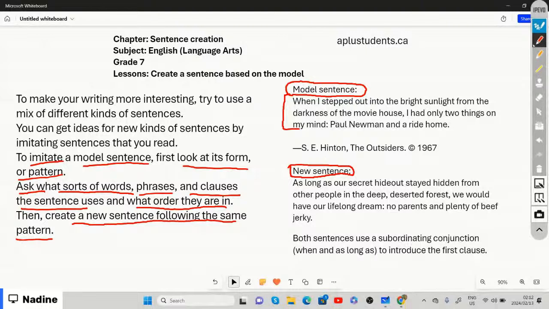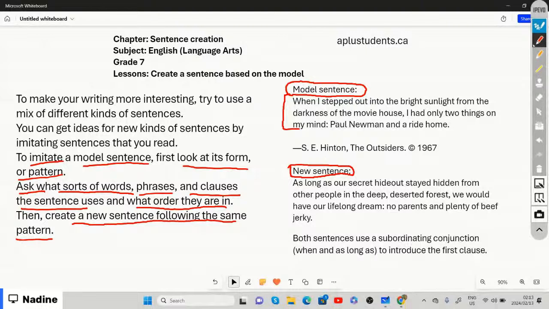So the model sentence says, "When I stepped into the bright sunlight from the darkness of the movie house, I had only two things on my mind: Paul Newman and a ride home." And then we have a new sentence that says, "As long as our secret hideout stayed hidden from other people in the deep, deserted forest, we would have our lifelong dream: no parents and plenty of beef jerky."